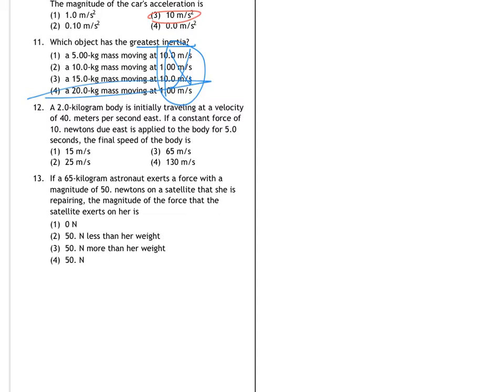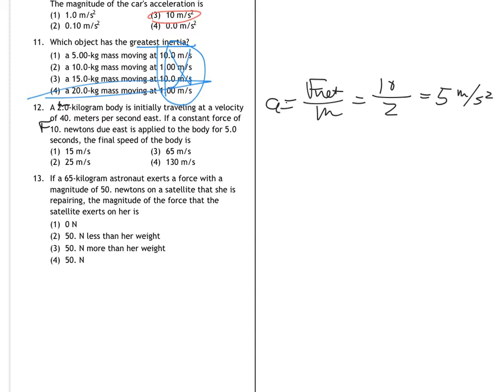You may remember the equation a equals F net over m, and the F net is the force they just cited. It's 10 newtons, and the mass is 2 kilograms, and 10 over 2 gives me an acceleration of 5 meters per second squared.